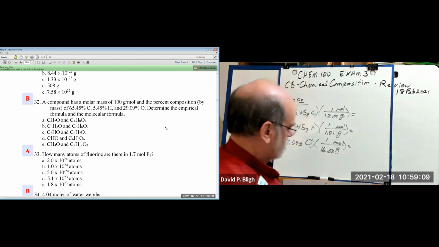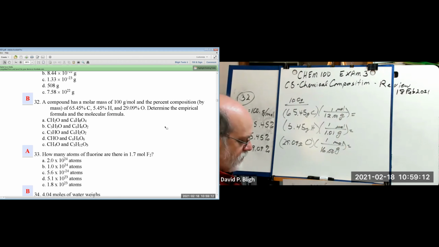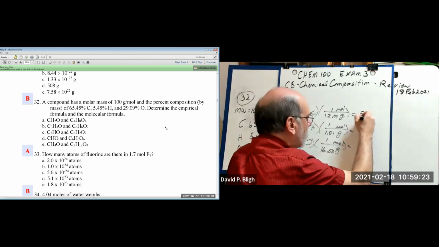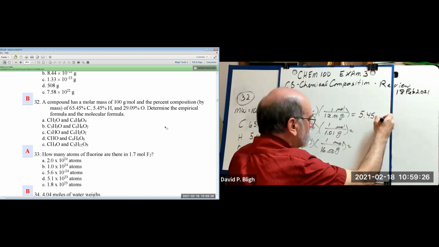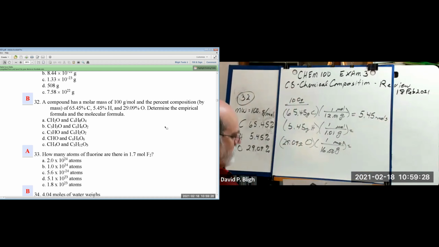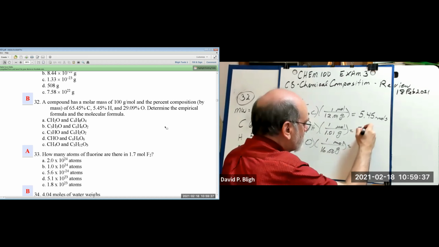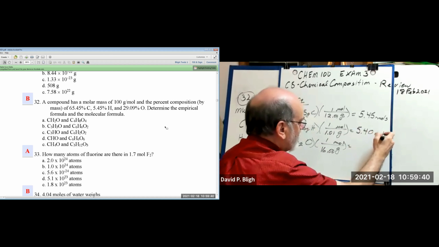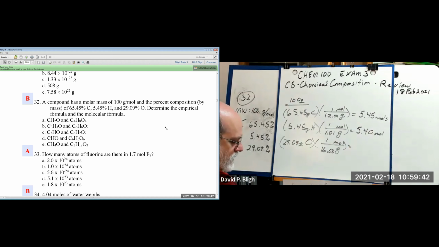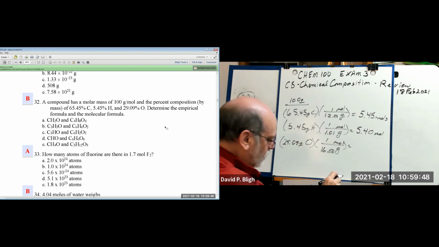All right. So we've got 65.45, 12.01 divided into that yields 5.45 moles. Okay. 5.40. And 29.09 divided by 16 is 1.82.